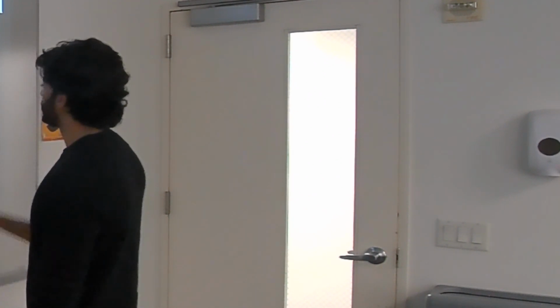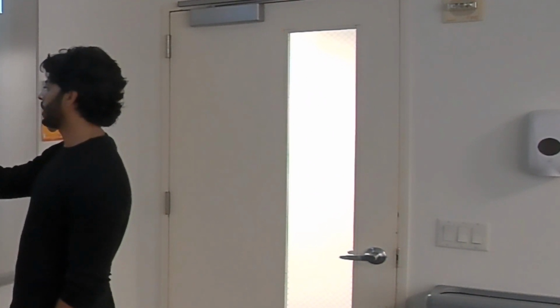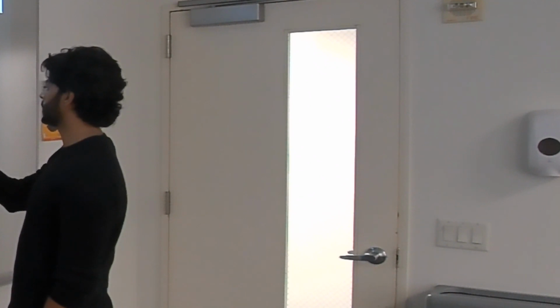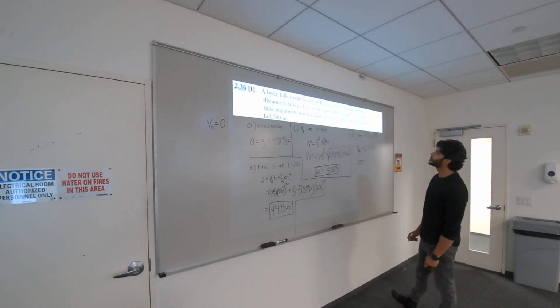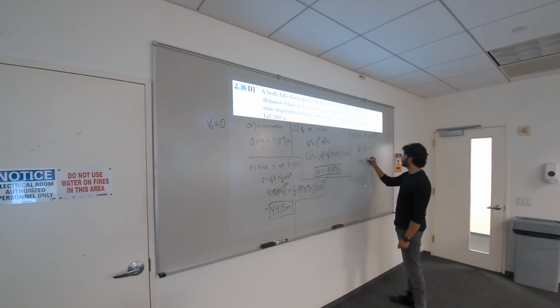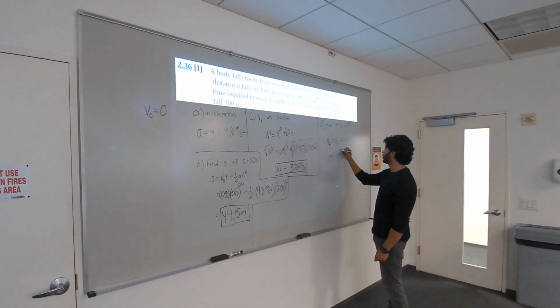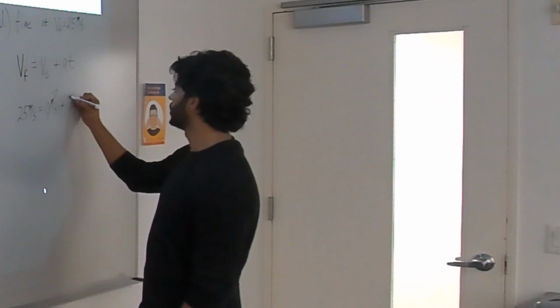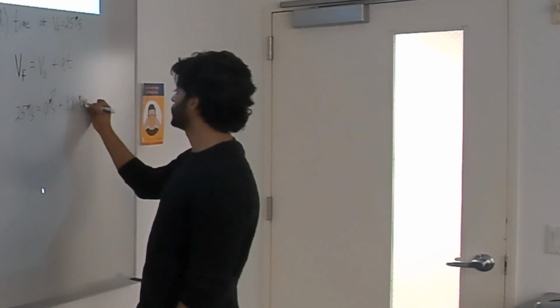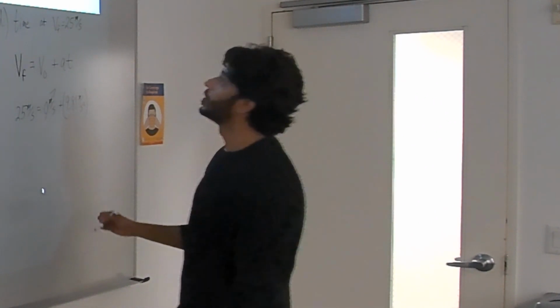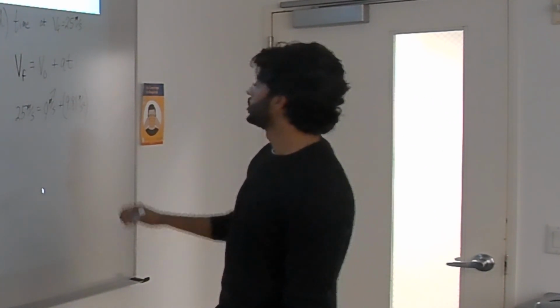All right, so our final velocity will be 25 meters per second. We fall from rest, 0 meters per second, plus 9.81 meters per second squared times t.